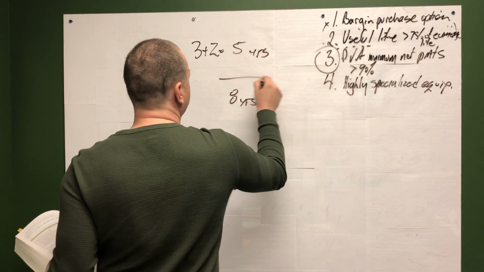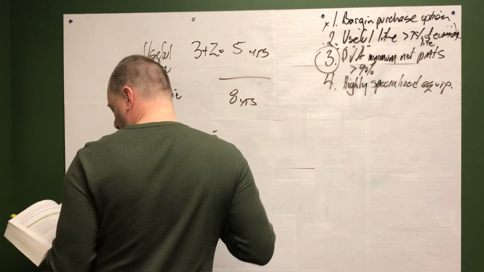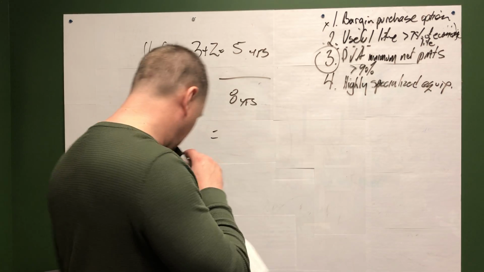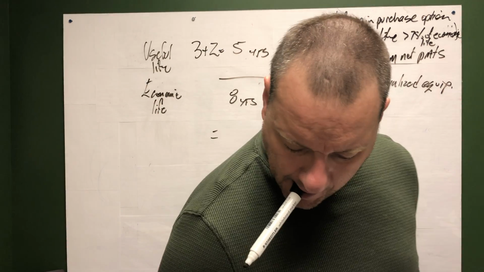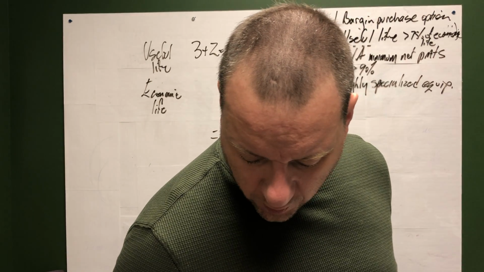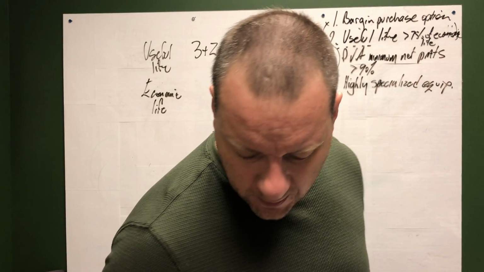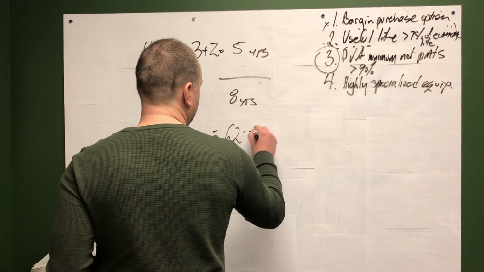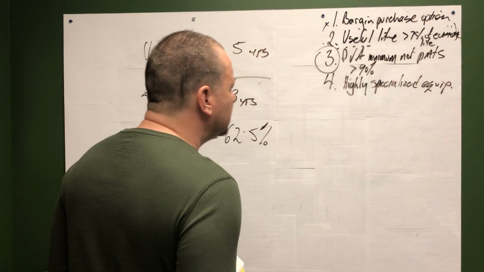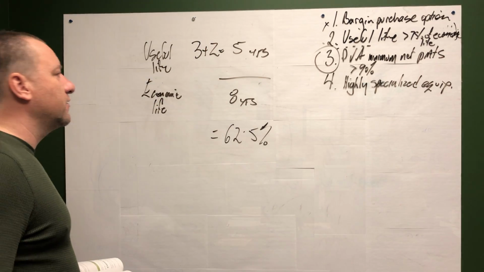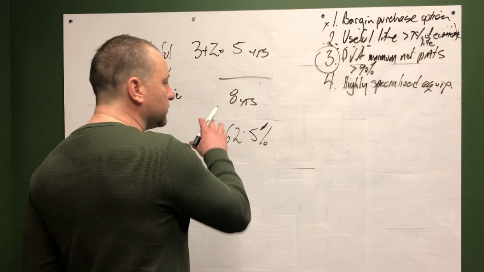So 12 divided by 8 is going to give us how much? Five divided by 8. I don't know why I said 12. 5 divided by 8 is 62.5%. So it's not really close to 75% of that economic useful life. So let's hold tight on this one.